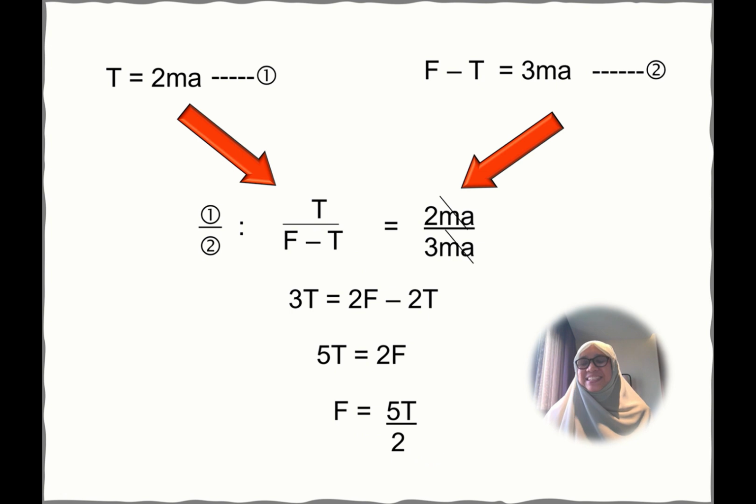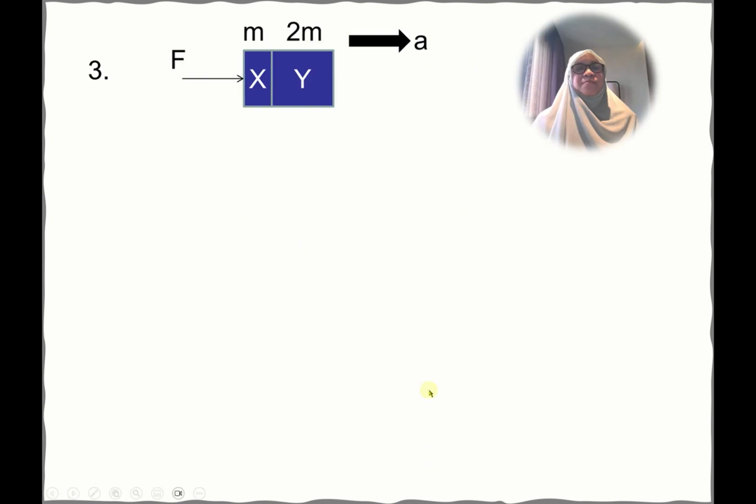Okay, easy, right? Now for question 3. For question 3, the blocks X and Y are put side by side. The direction is to the right because the force here is a pushing force. We push block X, and then both of them move to the right.